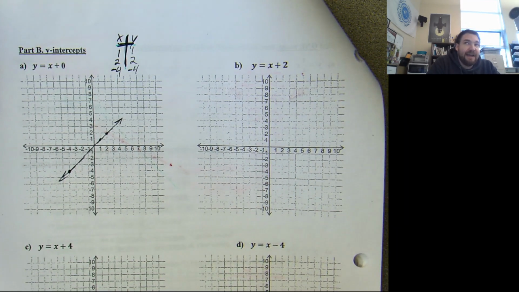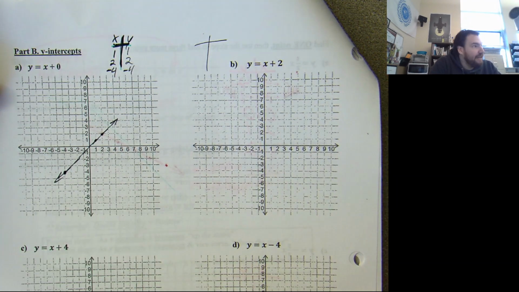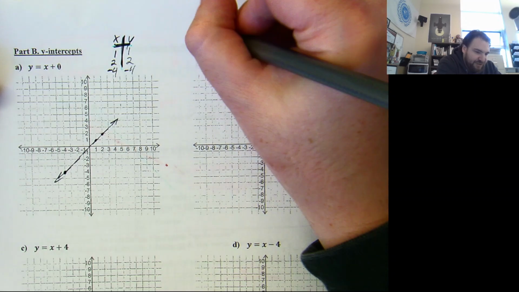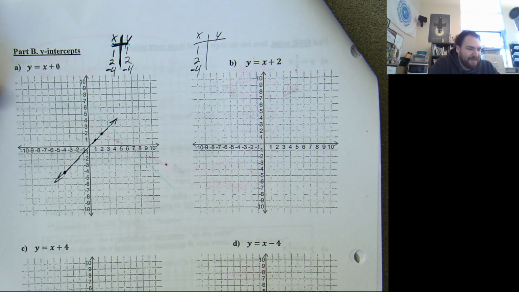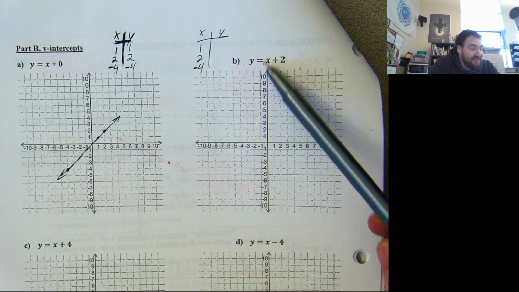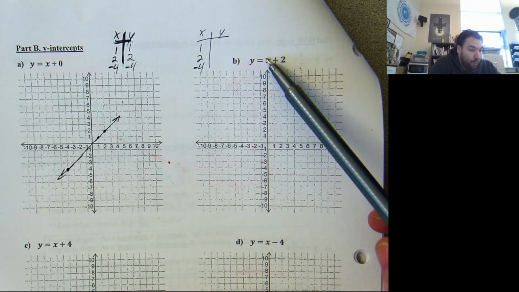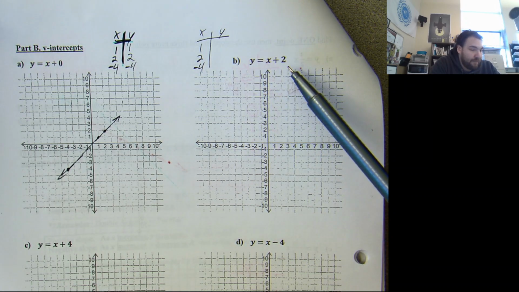Let's make it more interesting by adding something other than 0. We're going to use the exact same points you guys used before: 1, 2, -4. So now the only thing that's changed is that the slope has stayed the same. It's still y equals 1 times x, but now instead of adding 0, we're adding 2.